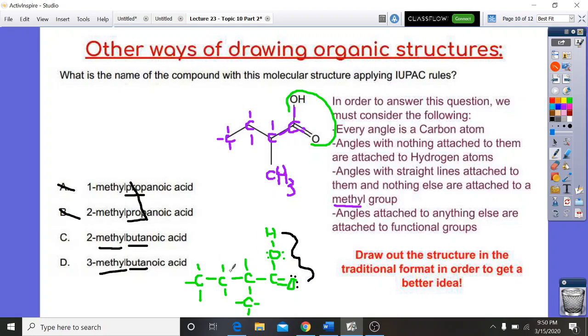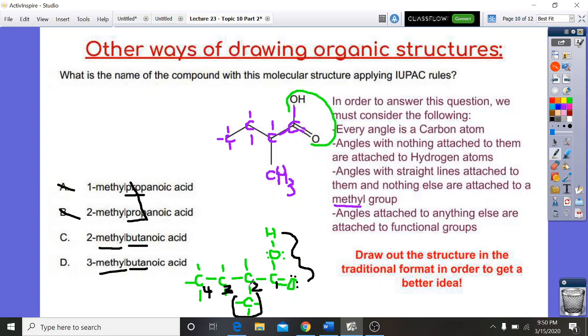Therefore, we're going to go 1, 2, 3, 4. But even then, we would be suggesting the methyl group is on the third C. We always want substituents to go onto the lowest number possible. So we're going to name it 1, 2, 3, 4.